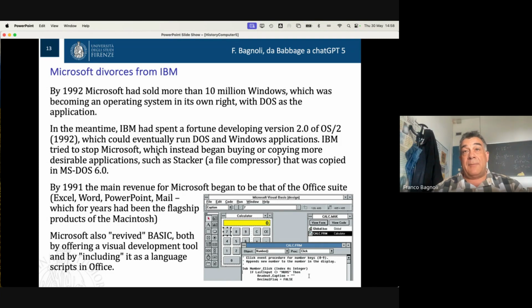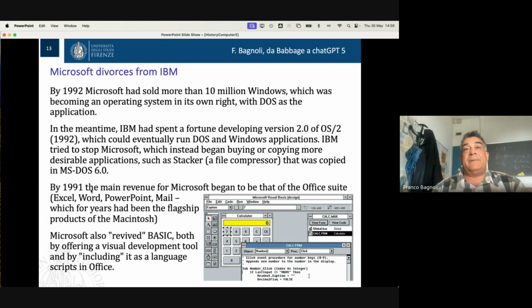Microsoft first tried to buy Stacker. When this company refused, Microsoft developed something similar and integrated it into MS-DOS 6.0, so that Stacker was driven out of the market. And this has been done for a lot of different parts.